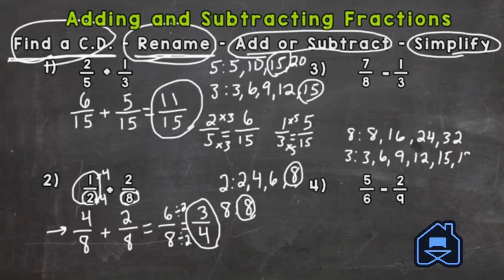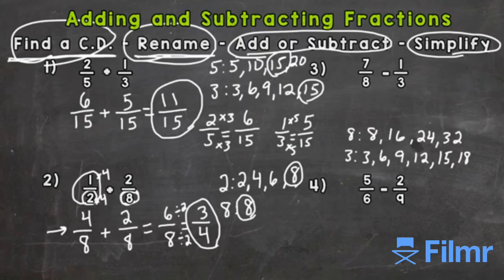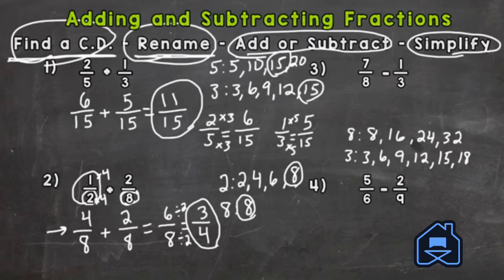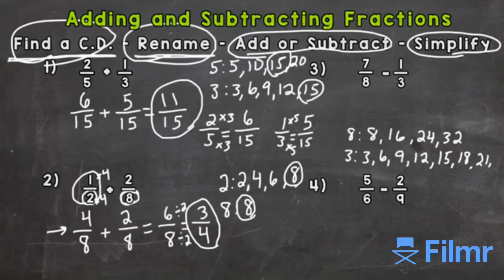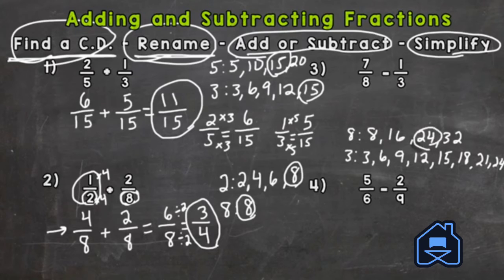Now we don't have a match yet, so we need to continue to extend. 15, 18, and I'm choosing to extend the 3's because at the 8 we're already to 32. So we're going to extend our smaller list here. 21, 24. And we have a hit here with a common denominator of 24. So now we need to rename.